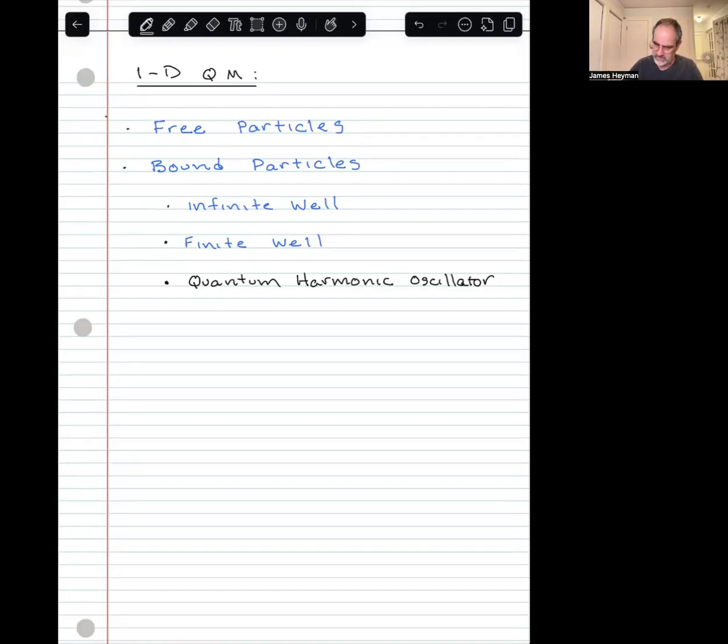And here we'll introduce the potential for the harmonic oscillator, and then calculate the energy states for this system. Then we'll have a look at the wave functions for the particle bound in this potential. And finally, we'll look at some examples.